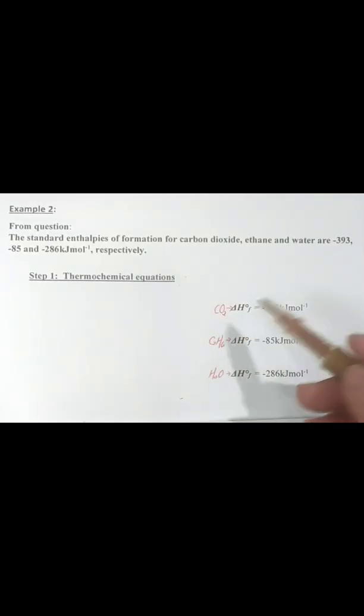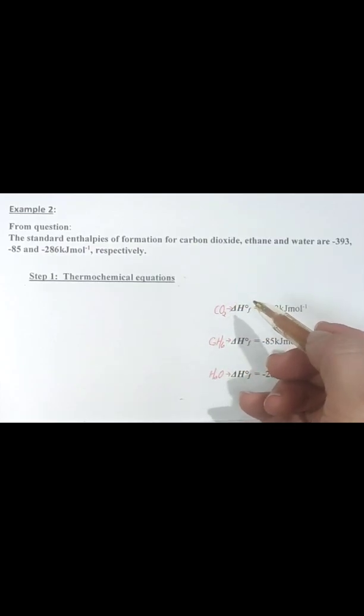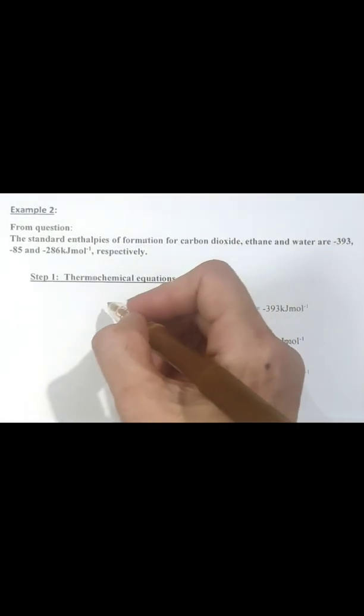We look at the first one, carbon dioxide. So according to the definition, 1 mole of carbon dioxide is formed from its elements.